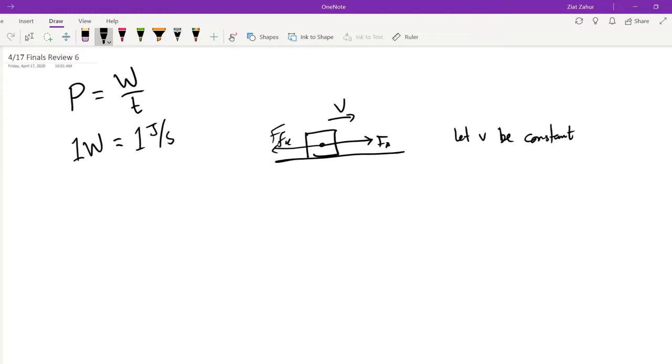So you're applying a force, you are doing work as a function of time. If you recall that work is equal to force and distance, and so you get d over t giving you force times velocity. So the applied force times the velocity of the object, this constant velocity, would give you how much power you are providing to the system.